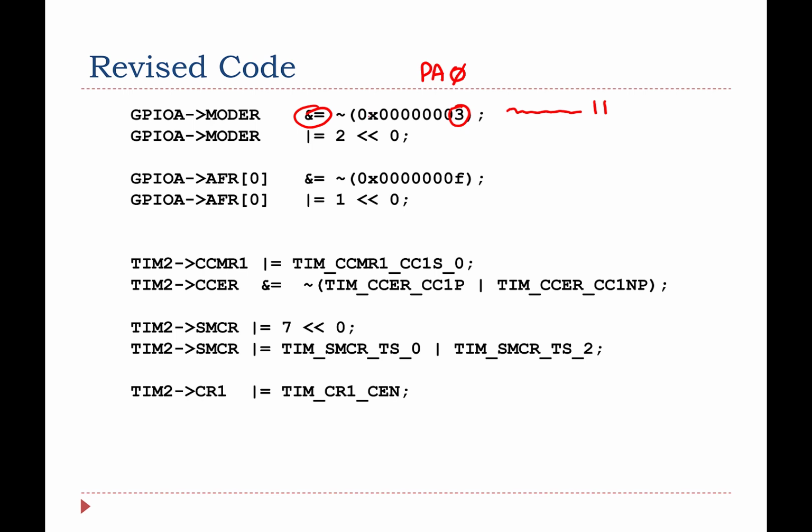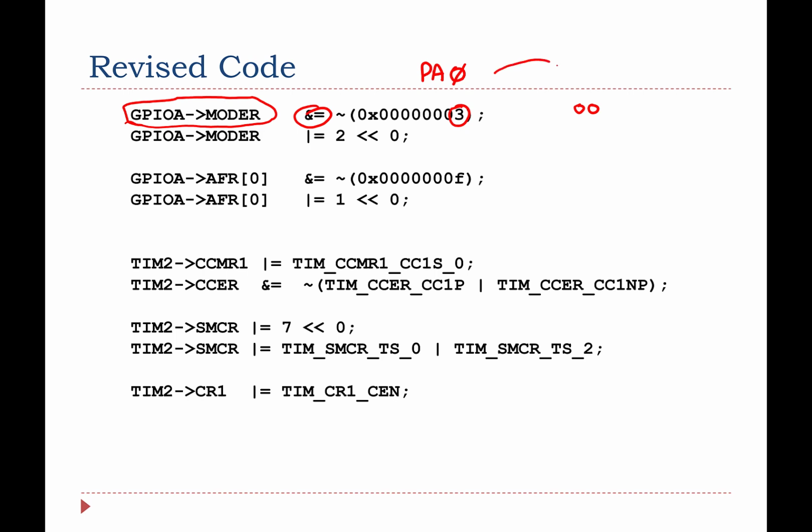And so when we complement that, we're going to have 1s everywhere, and zeros in these 2 bits. So basically we're clearing out those last 2 bits in this mode register, right?